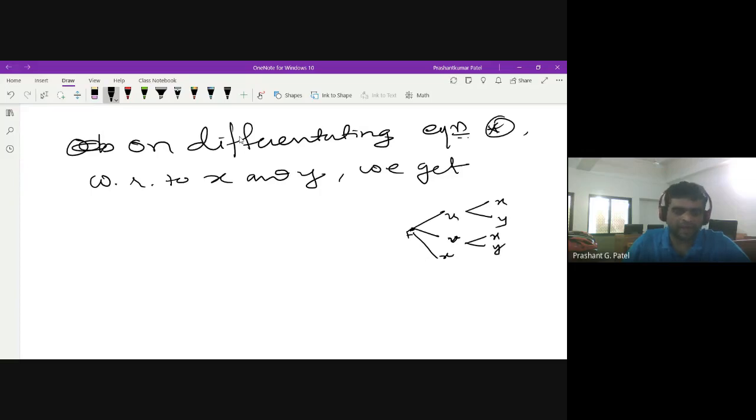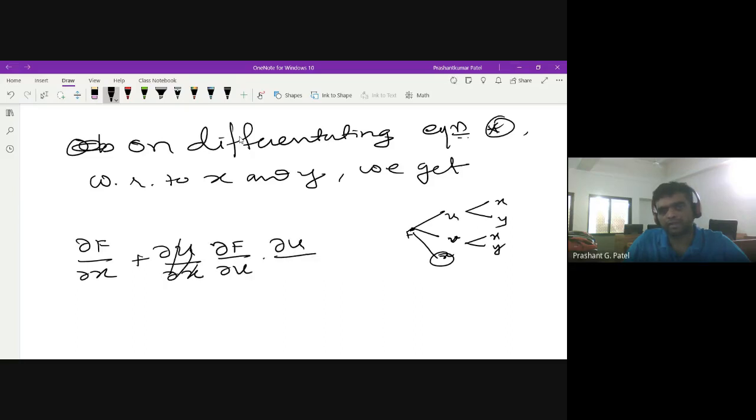So ∂F/∂x, going via this path, is ∂F/∂x plus ∂F/∂u into ∂u/∂x, plus ∂F/∂v into ∂v/∂x, equal to 0.